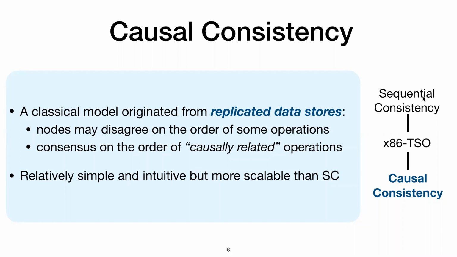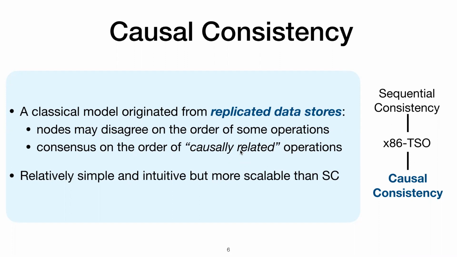To get some rough intuition, soon I'll show you the formal definition, the idea is that there is no one sequence that all the threads agree on. There will be a consensus only on the order of what are called causally related operations. So we give up on this one history that all the threads agree on.